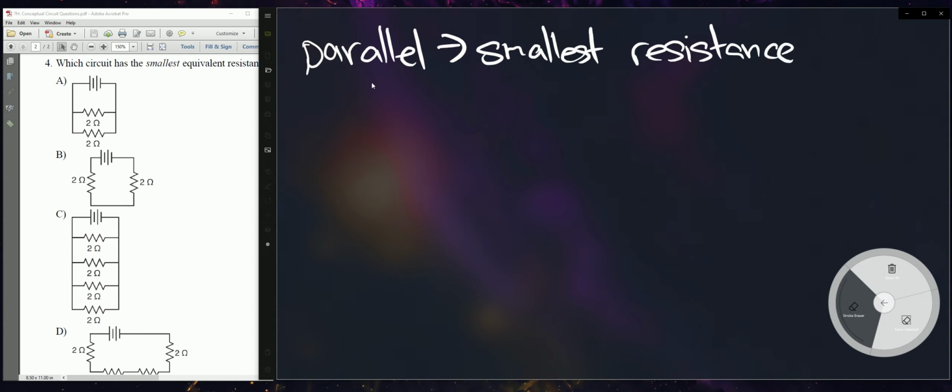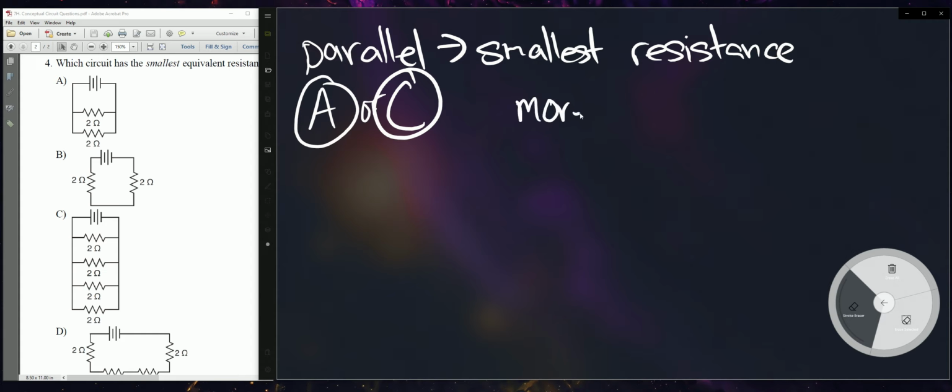So it's going to be either choice A or choice C, because choice B and choice D are series, so those can't be right. C gives you more pathways, right? Because if you think about it, with more escalators, more people can travel through. So the more pathways you have, the less resistance.